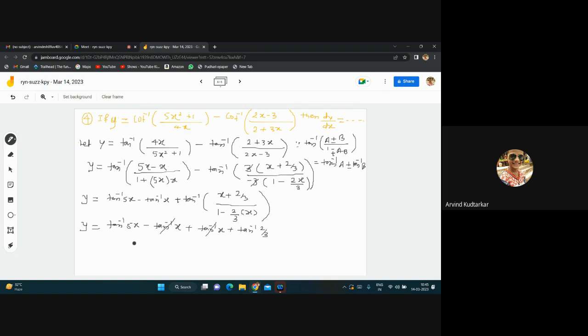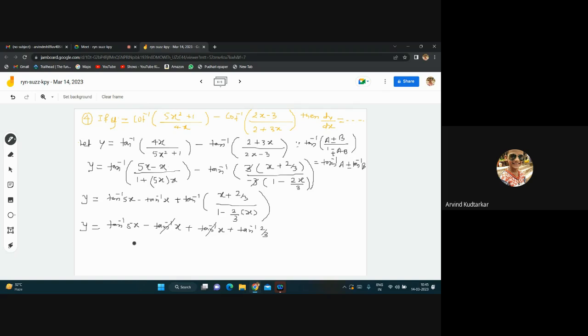And then we find the differential of the sum of functions. Out of the two functions in the sum, one function has x and the other is a constant. So dy by dx: what is the derivative of tan inverse? It is 1 upon 1 plus (5x) whole square, which means 25x square. And the derivative of a constant is 0.